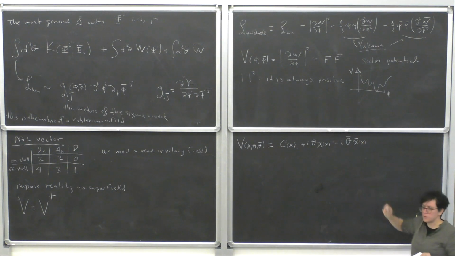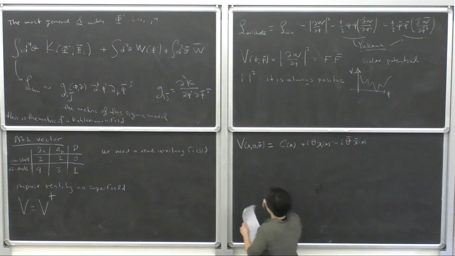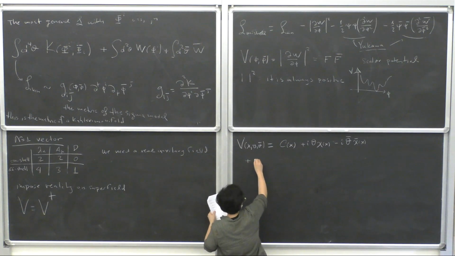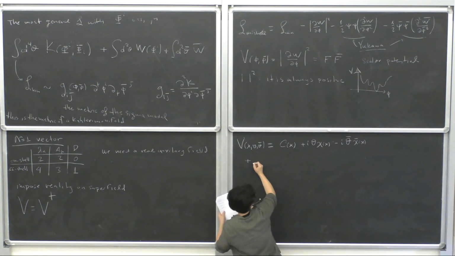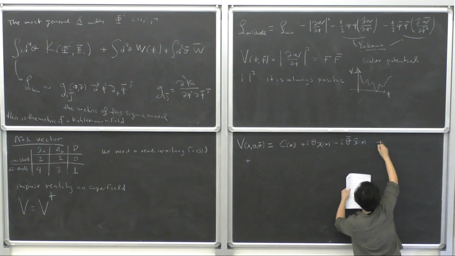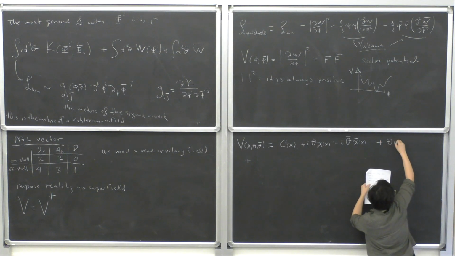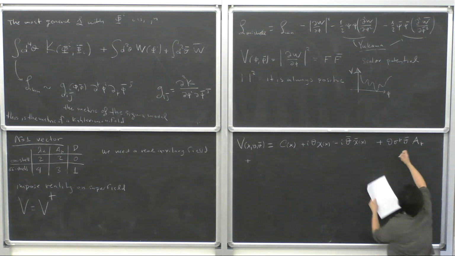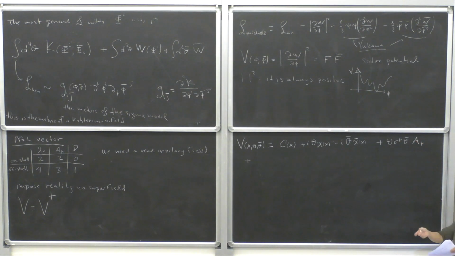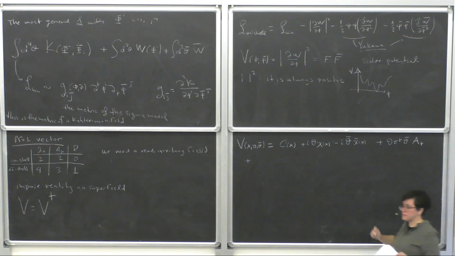Real up to now. I continue. There are some factors sprinkled in. Here I have this term, and as long as A is real, which is going to become my gauge field, I am very good. So real up to here.